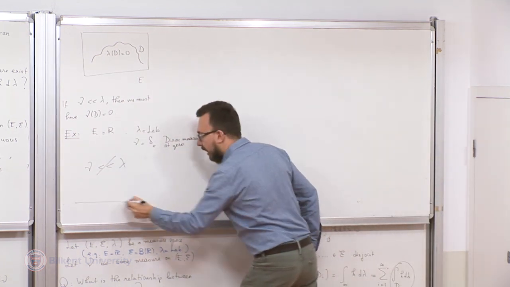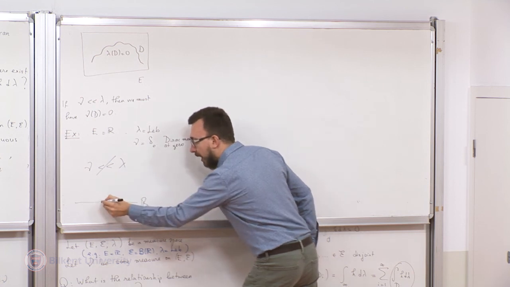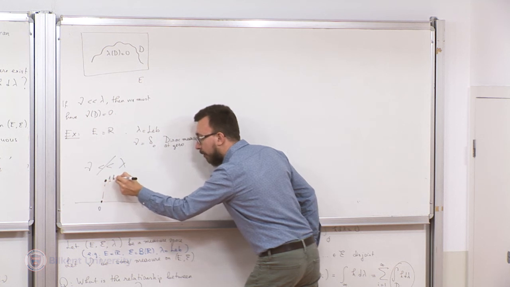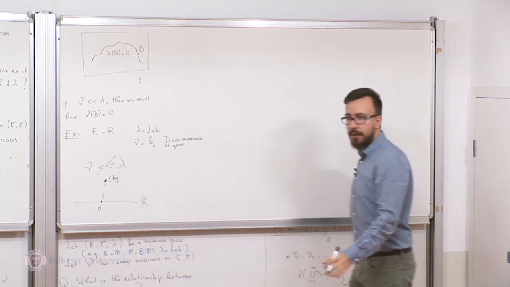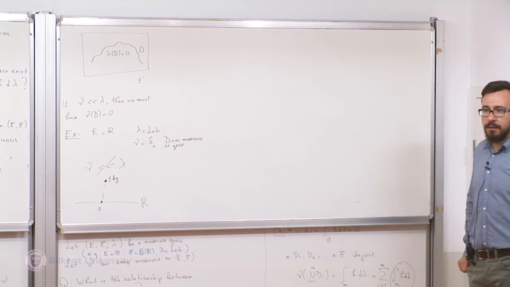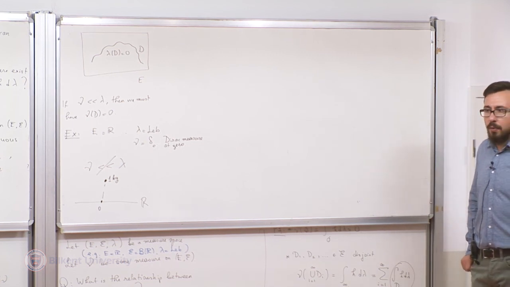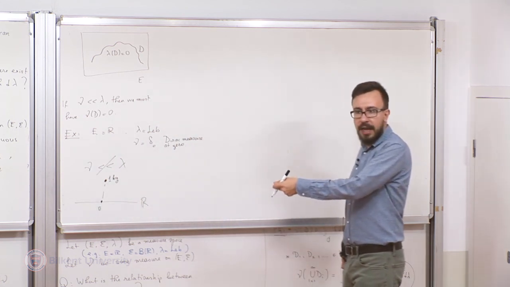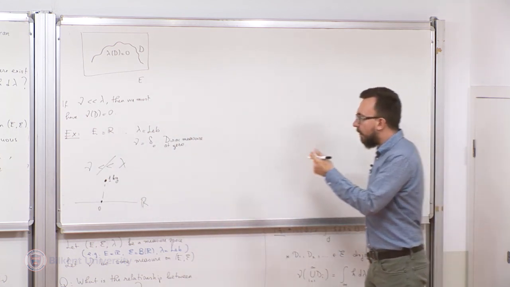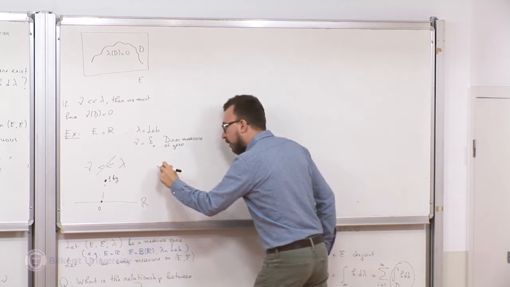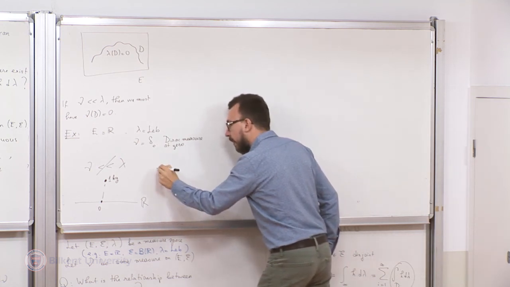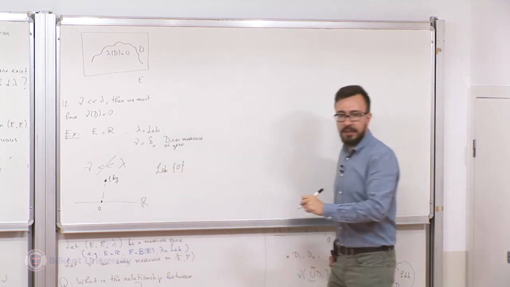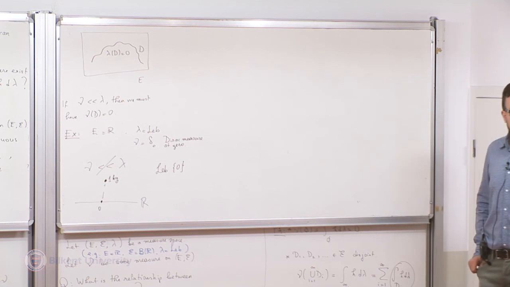Let's draw the real line. Okay? So the Dirac measure at 0 just puts 1 kilogram on point 0, and no other mass everywhere else, whereas the Lebesgue measure measures the length. So if you look at the Lebesgue measure assigned to the singleton, what is the Lebesgue measure of the set 0?